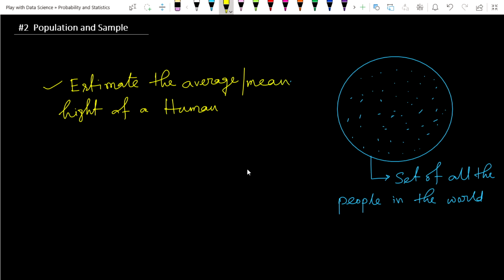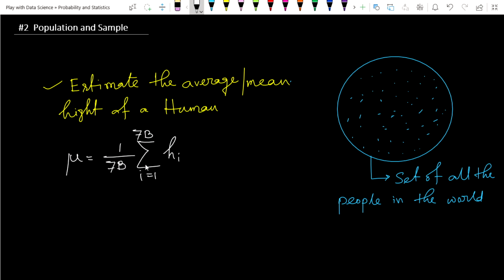If we apply this to the data set, we first have to sum all the heights of the individual people in our world. There are approximately 7 billion people in our world. We first sum up all the individual heights, and then divide by 7 billion to find the mean of our whole population.